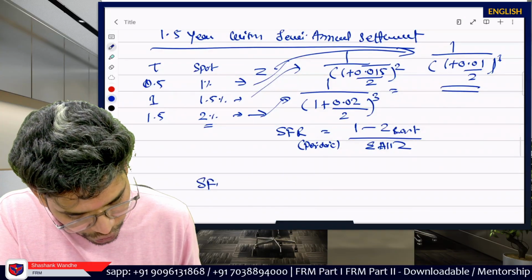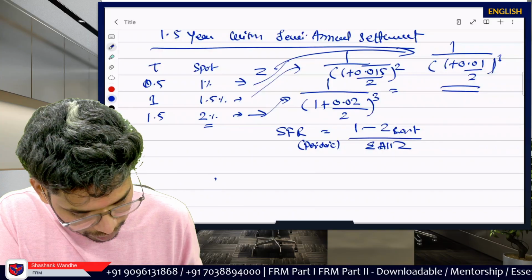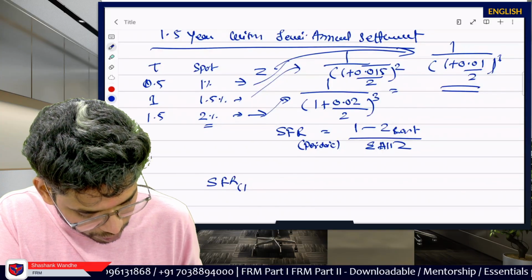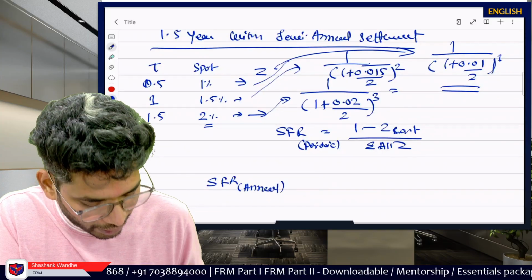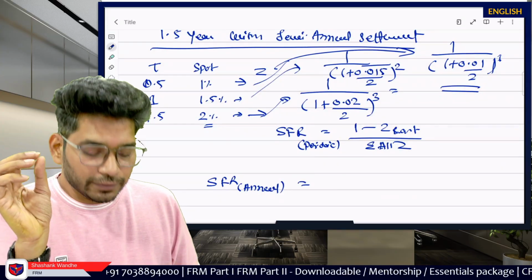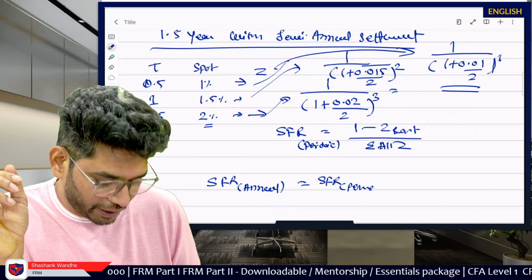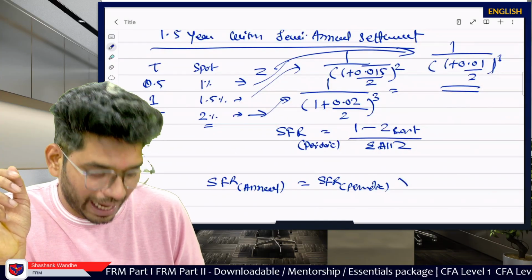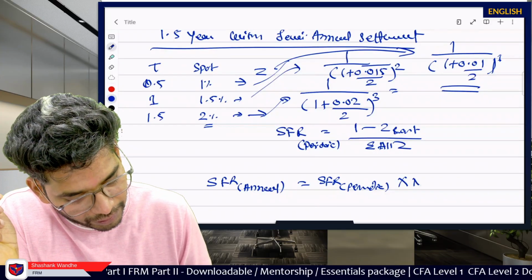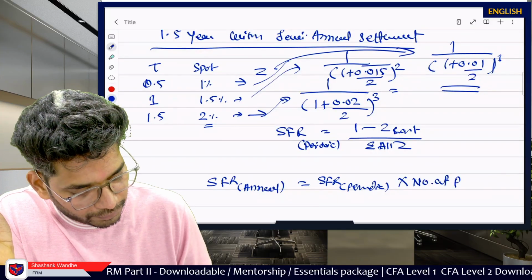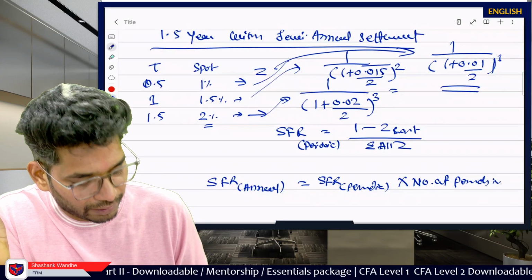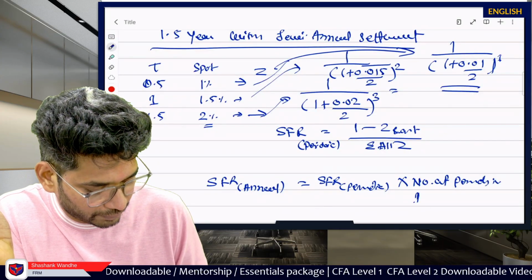If you get a question where the question asks you to calculate the annual SFR, for this you have to take the periodic SFR and then multiply it with the number of periods in 1 year.